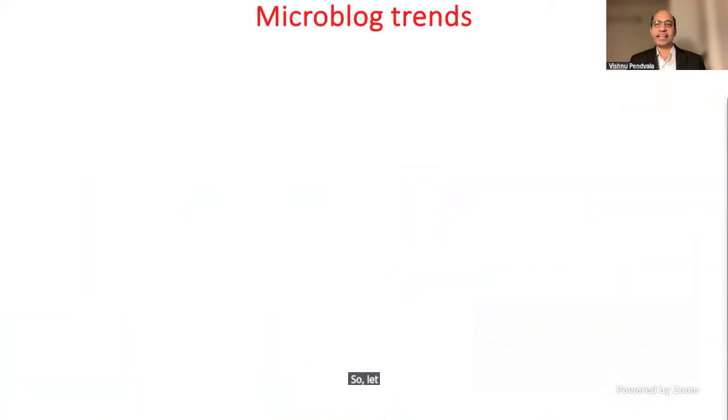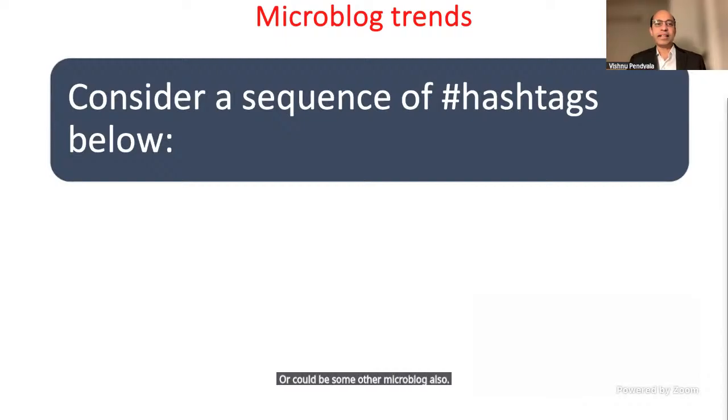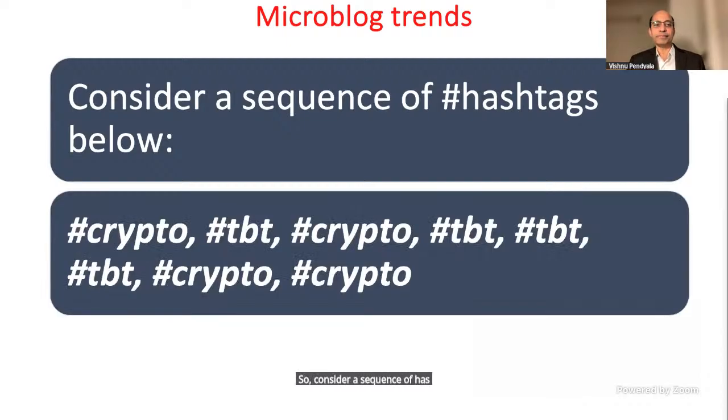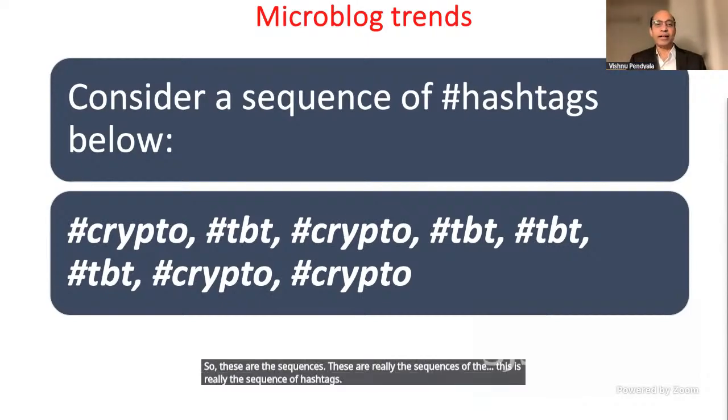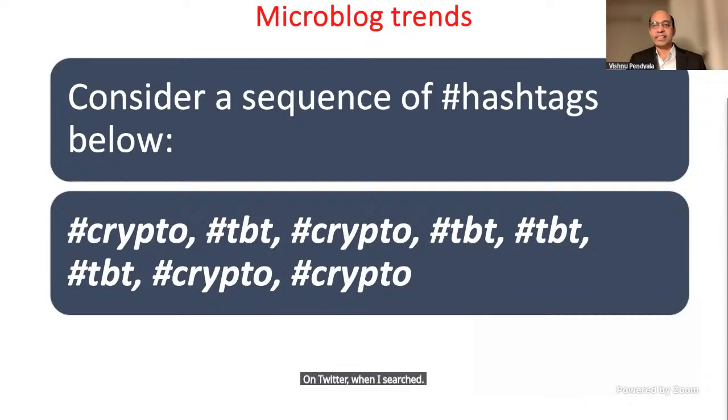So let us take a specific example, microblog trends. A microblog here could be Twitter, or could be some other microblog also. Consider a sequence of hashtags below. This is really the sequence of hashtags on Twitter when I searched. Any guesses when I searched to get these hashtags?